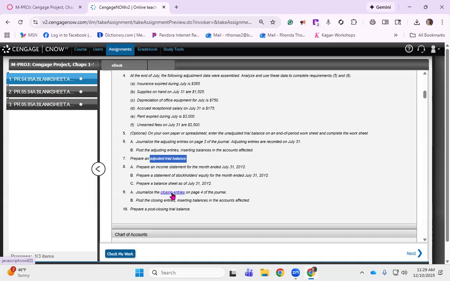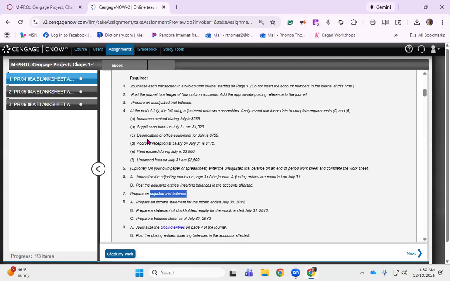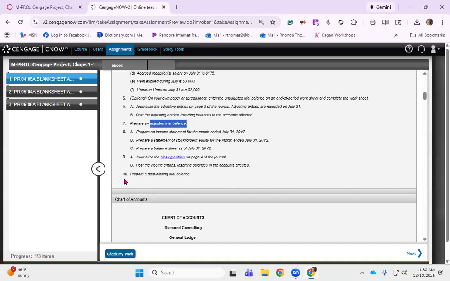Revenues, expenses, and dividends all get closed to 0 after we've done the financial statements. And then we're going to prepare a post-closing trial balance. So number 3 is our first trial balance. Number 7 is our second trial balance, and number 10 is our post-closing trial balance.